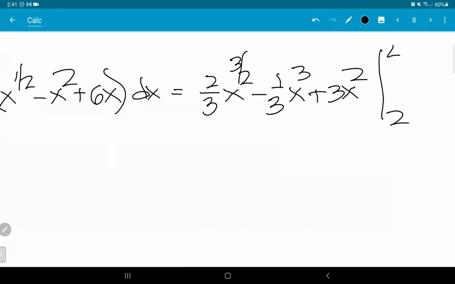Now this time you don't have a zero for the lower limit, so you'll have to calculate both and subtract.